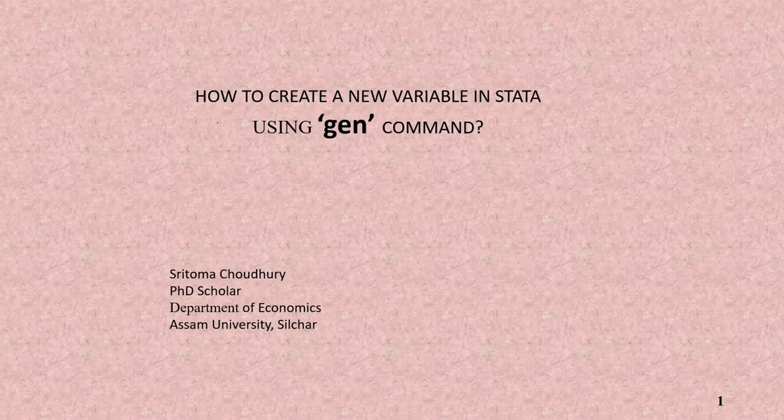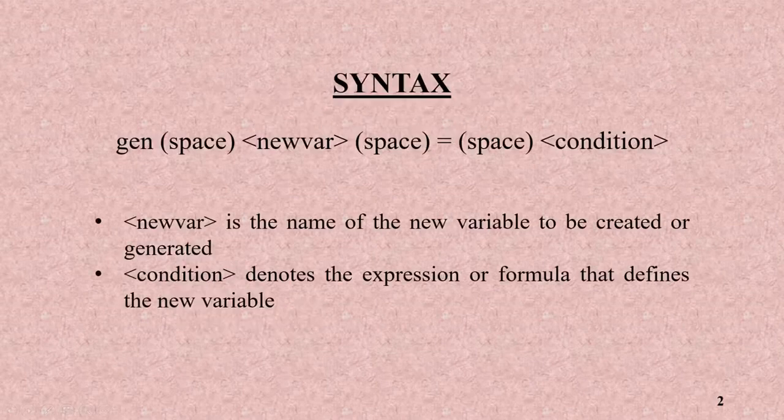In this video, we are going to learn how to create a new variable in Stata using the gen command. For this purpose, we need to type a command, and it is gen, or we can write generate as well, but in short we can type gen.